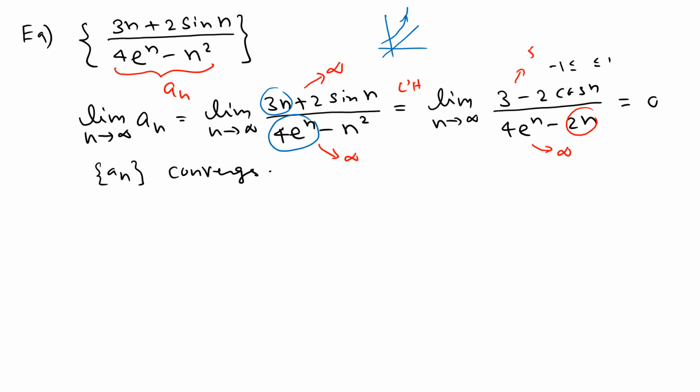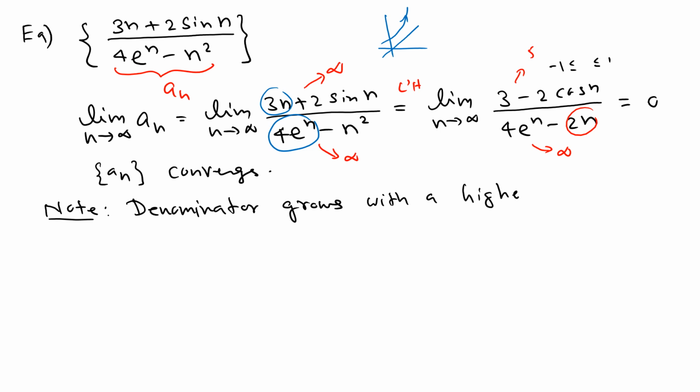So we can have a simple note like that. Some people like to make this kind of argument. You can see the denominator grows with a higher rate. The rate is the important one.